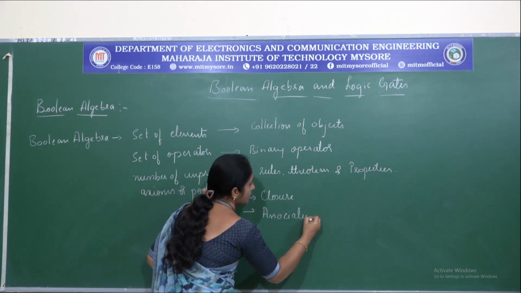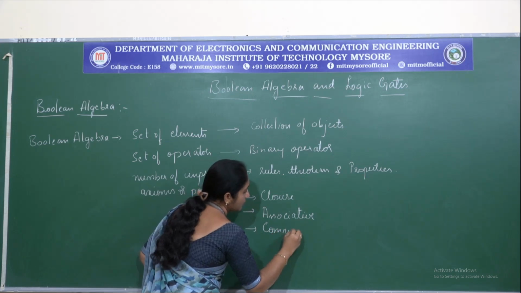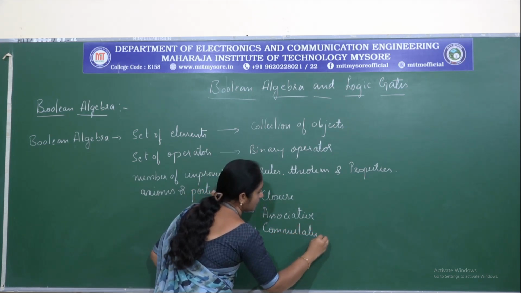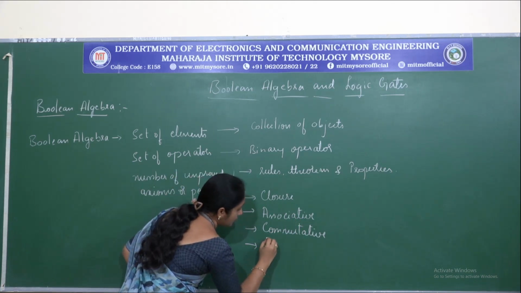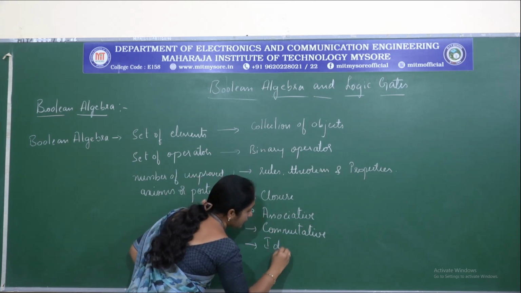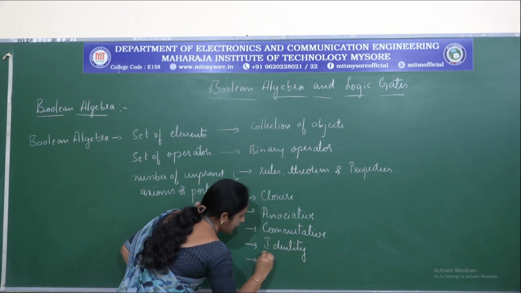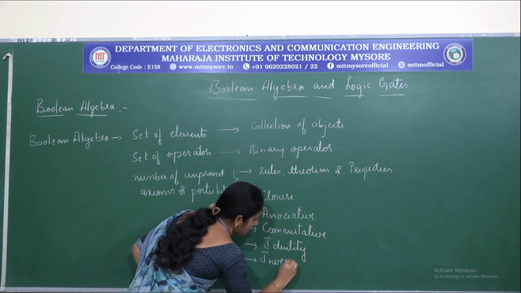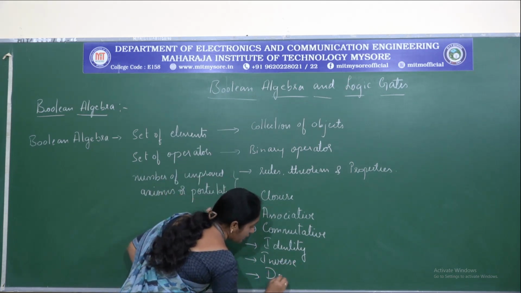associative, commutative, identity, next is inverse, and the last one is distributive.